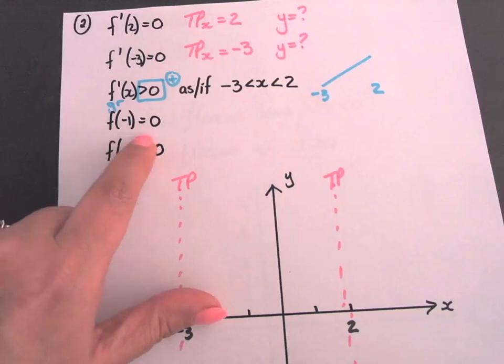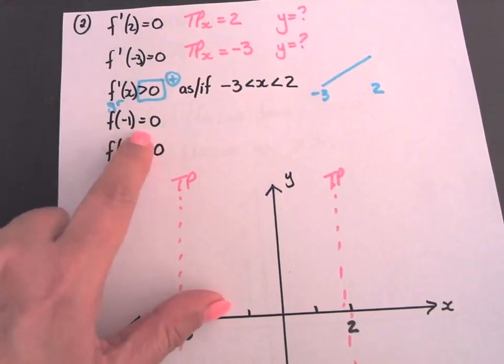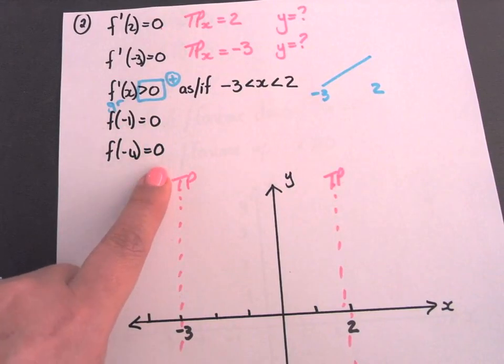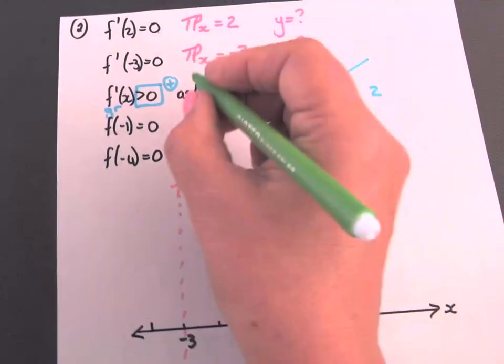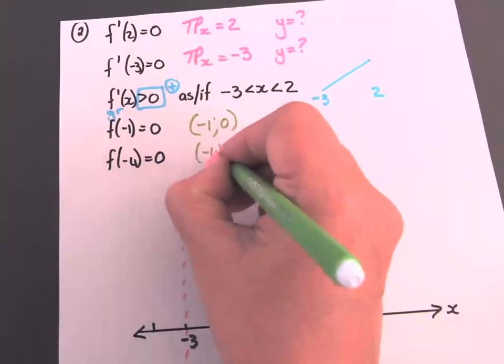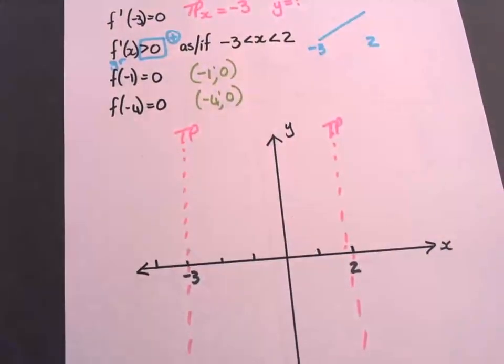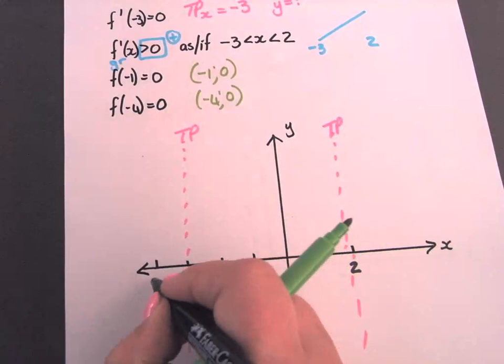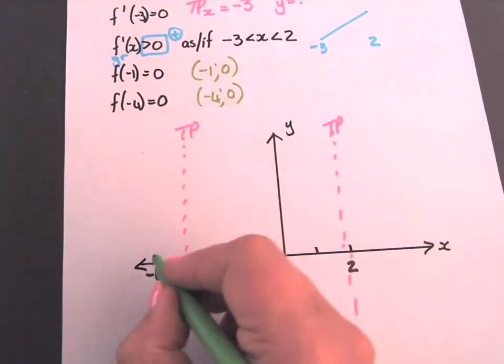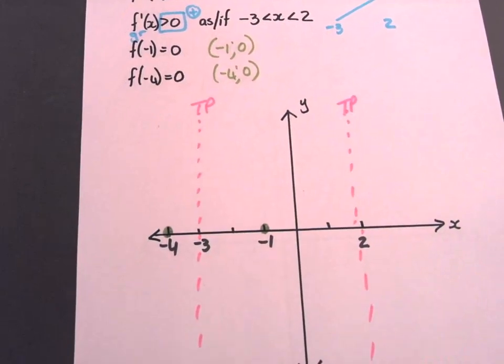Where f is 0, this means it's the x-intercept. Where f is 0, another x-intercept. So we have -1, 0 and -4, 0. Now the question is, what does my graph look like?